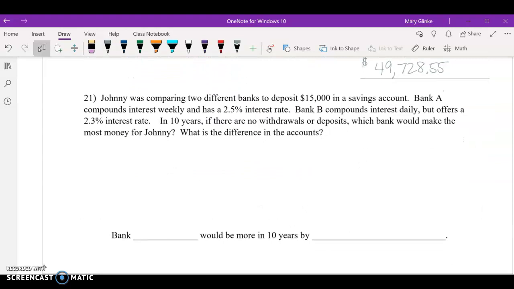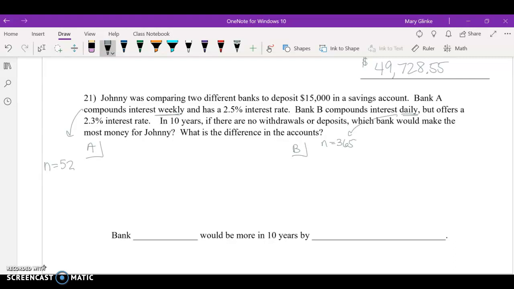The very last one here, we're going to go ahead and compare two different bank accounts. We're going to do Bank A and we're going to do Bank B. Bank A does interest weekly, which means for that one, N is going to be 52. Bank B does interest daily, which means for this one, N is going to be 365.